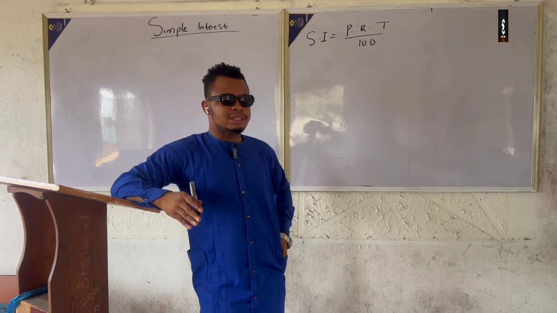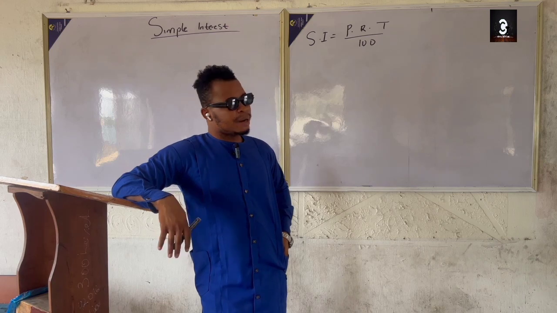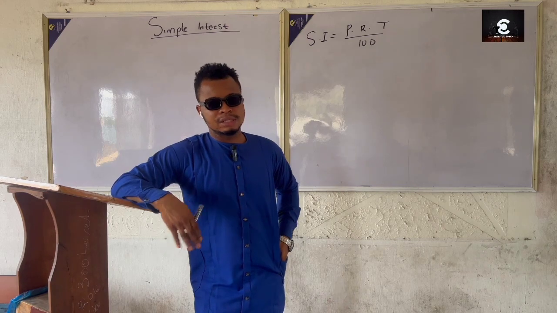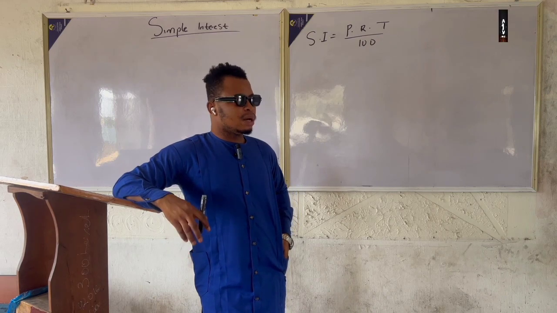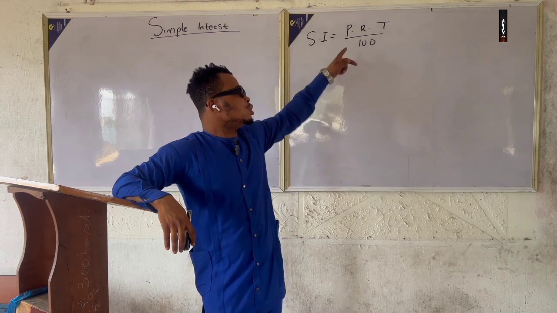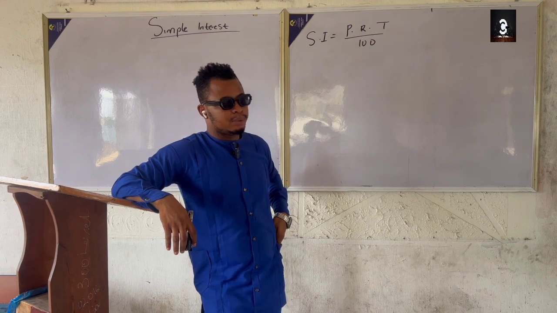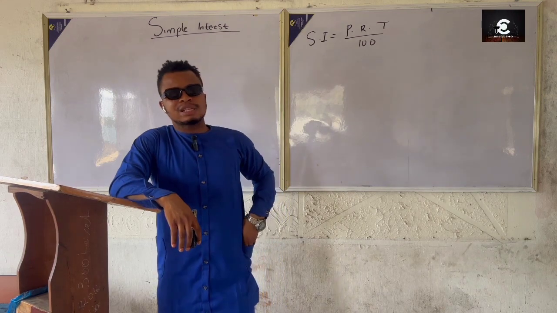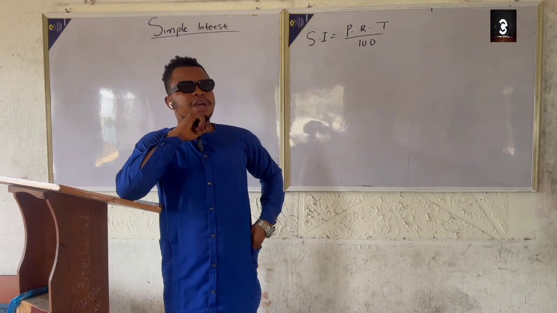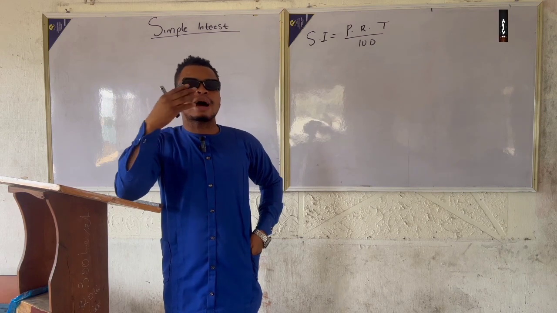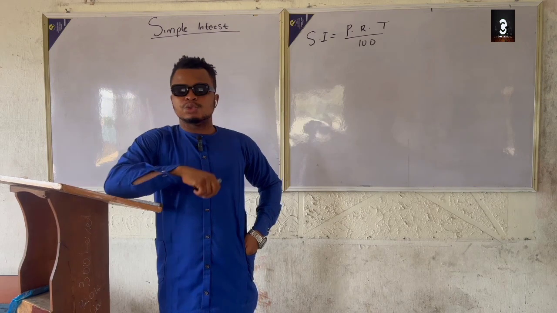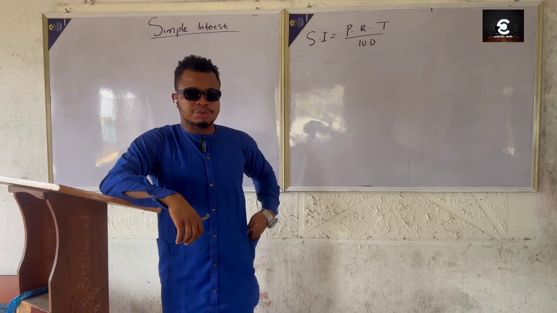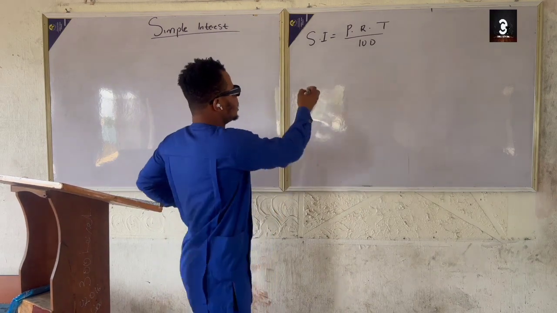So remember, simple interest is the amount that you add on the amount you're borrowing, and that is the formula for calculating it. Most times, the examiner may ask, if the interest is 200, how much did I borrow, or how much are you going to pay in total? That is where the question of amount comes in.